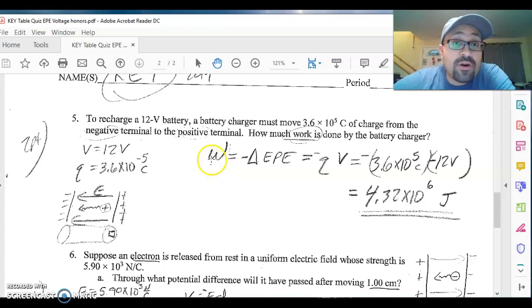And if an object is worked on, it will change its energy state. In this particular case, the work is being done by the battery, by the electric field of the battery. And the change in energy being a certain magnitude is going to be equivalent to the work that's done of that same certain magnitude. As far as whether the work is positive or negative, well, that gets back into things we've talked about in the past.